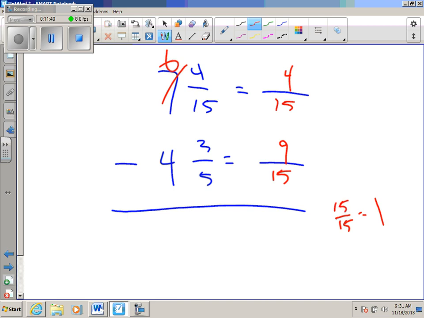So notice how I went from 7 to 6. I took one whole, and I'm going to transfer it over to the fraction column. Okay? So if I already have 4 there, and I bring over 15, how many do I now have? 19. I'm taking that one whole, putting it in fraction form.